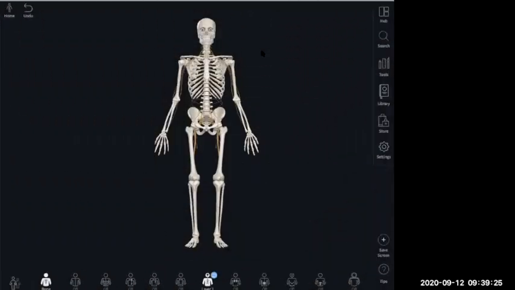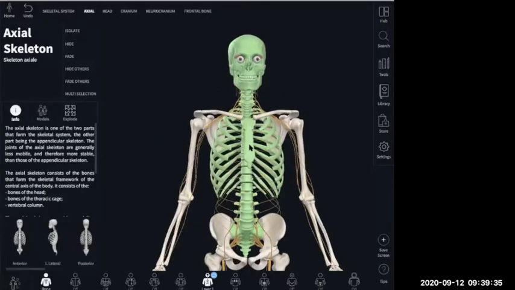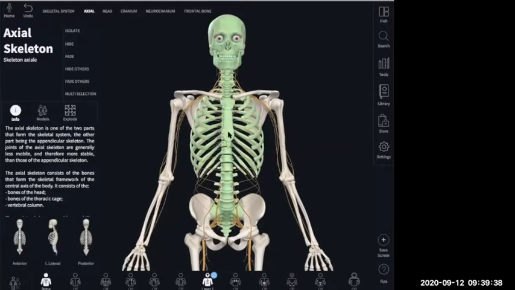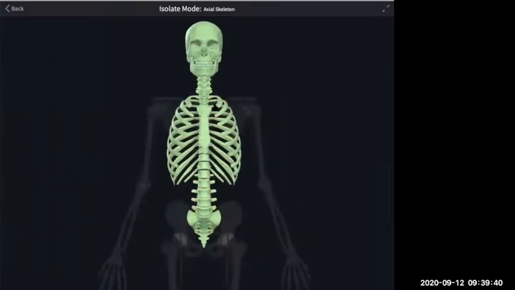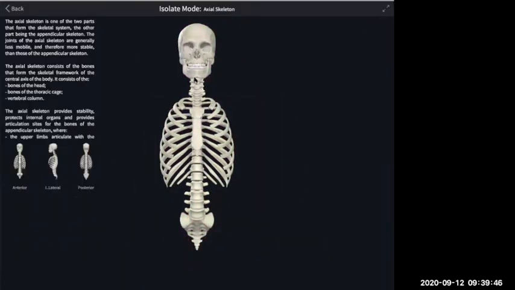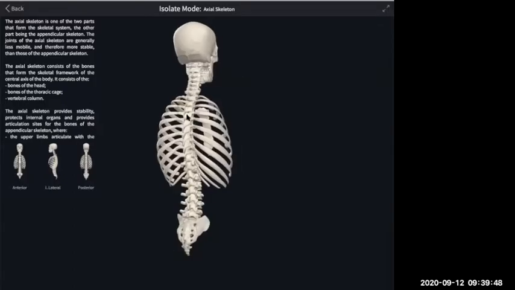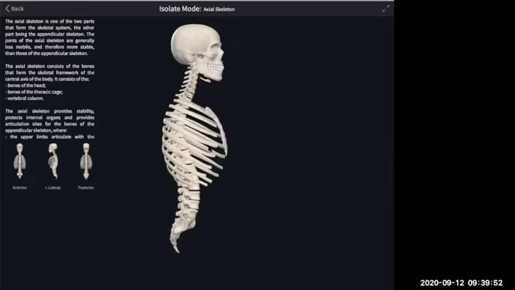So for your skeleton, we have two main subdivisions of the entire skeletal system. You have your axial skeleton, your skull and your facial bones, your vertebral column over here, and your rib cage, right?